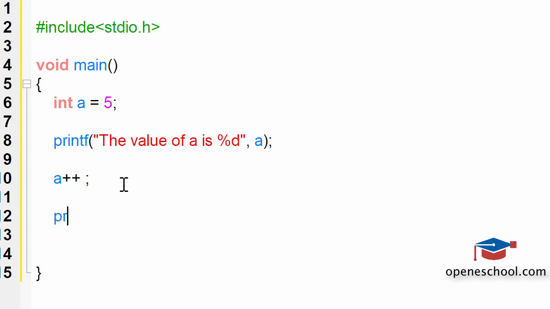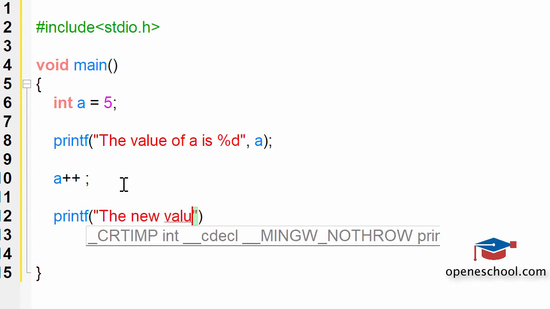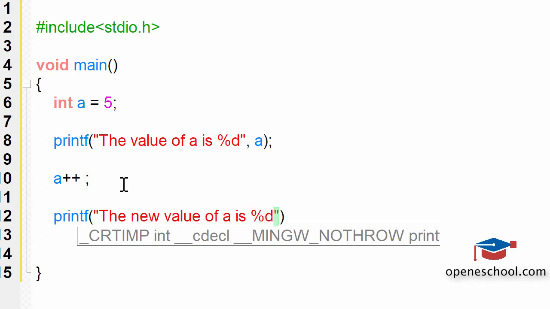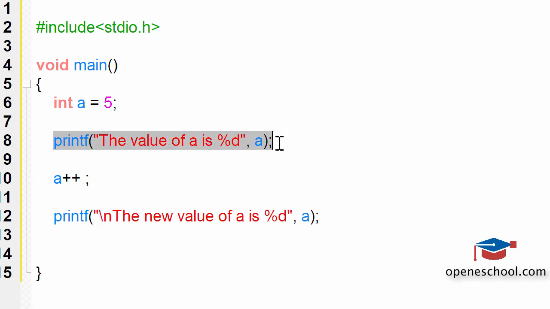So let's print the value of a again. The new value of a is %d, comma a. So that we print this line and this line in two different lines, I'm using the \n operator, which will move the cursor to the next line after the first line gets printed.